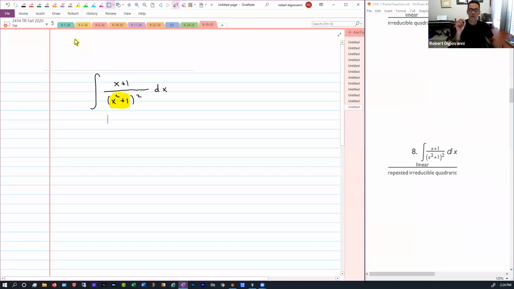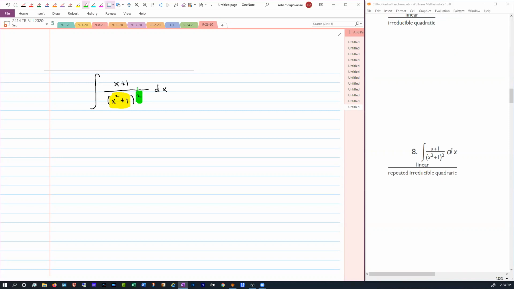X squared plus 1 cannot be factored, right? X squared minus 1 could be factored, but x squared plus 1 can't be factored. And it's repeated, which means that it's squared or cubed or fourth power, something like that. And so the question becomes, how do we deal with this?